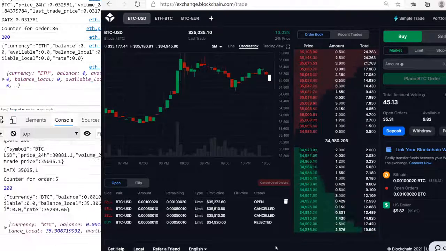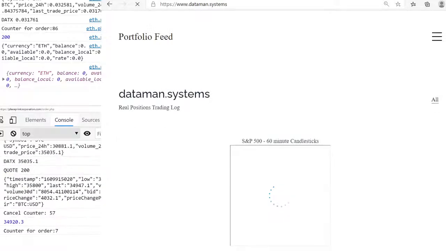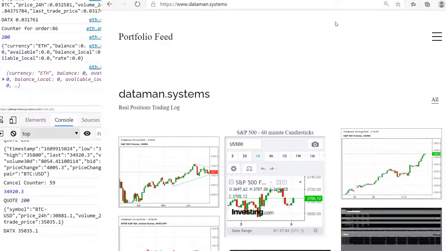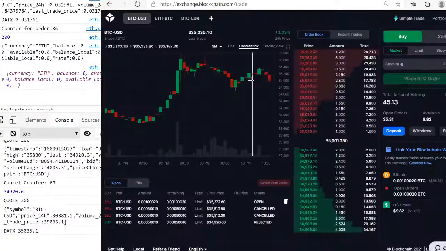S&P 500. Let's take a look at where she's at. 3705. Off its lows for sure. Bid now 35,000 here.